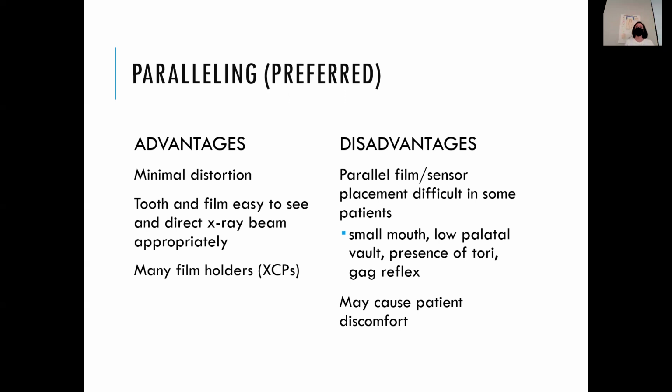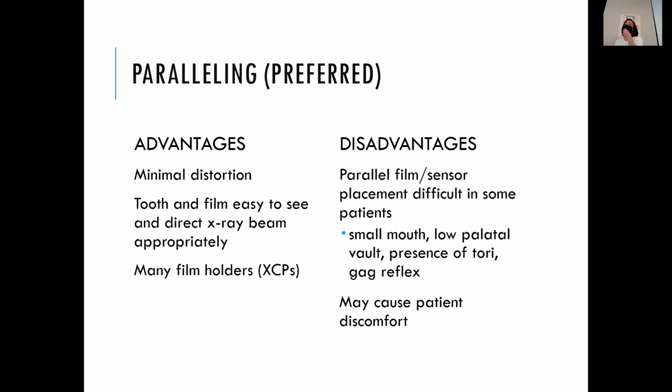So even with your XCPs, you very likely might end up bisecting inadvertently and not even knowing that you're doing it or paying attention to the angulation. You just ended up doing a bisecting. And maybe it wasn't a great bisecting technique because maybe there's quite a bit of distortion, but you may just end up doing it because of the difficulty of your patient's mouth. You just can't get your XCP or your film where you want it.